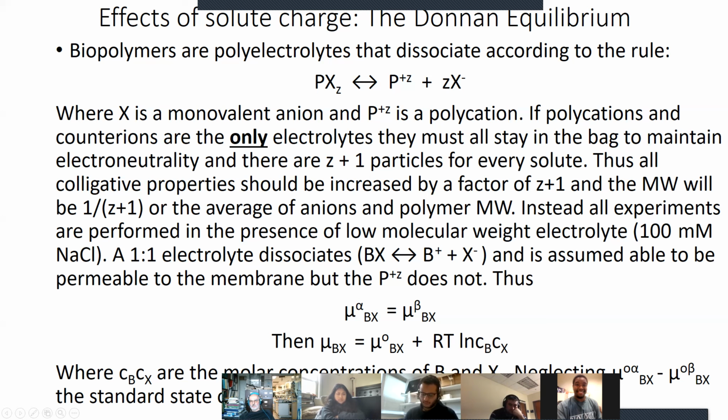These are the molar concentrations of B and X. If we neglect the difference between the standard state on both the alpha and the beta side for approximations and to make progress here, then what this implies is that the concentration product on the alpha side, CB times CX, is equal to the concentration product on the beta side, inside the bag, outside the bag. So it's CB times CX in the beta phase, CB times CX in the alpha phase. This is equation 271. I'll come back to that.